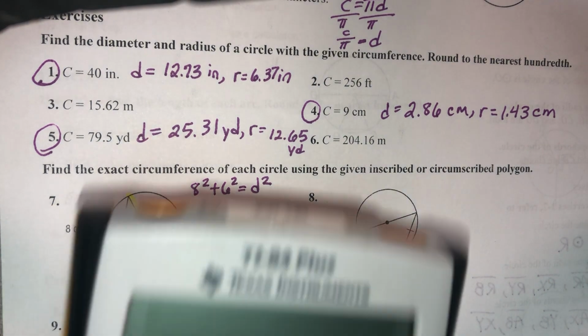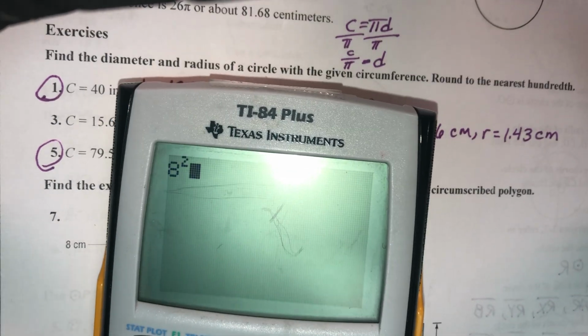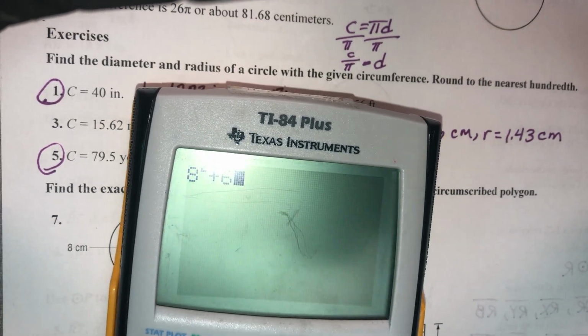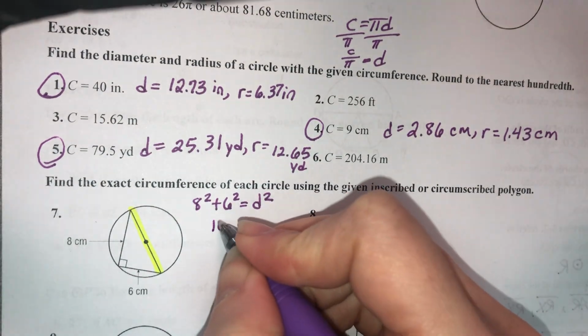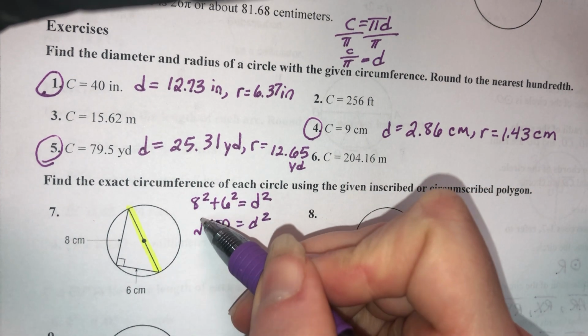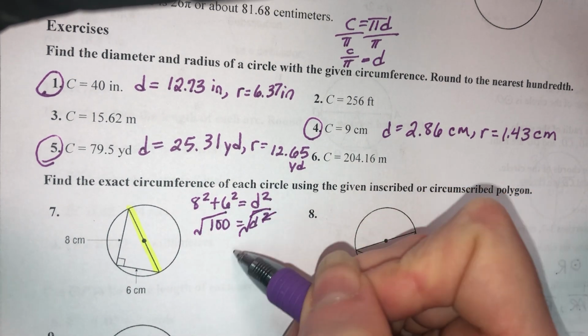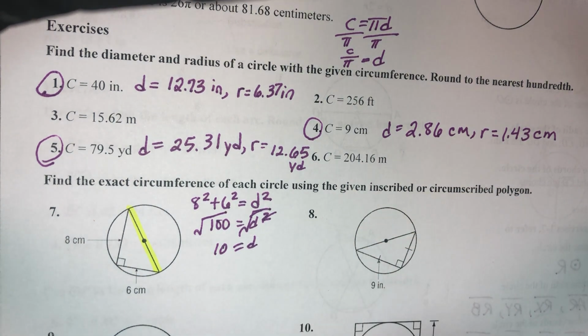And 8 squared plus 6 squared is 100. So 100 is equal to the diameter squared. We'll take the square root on both sides to get rid of the square. Square root of 100 is 10, so the diameter of the circle is 10.